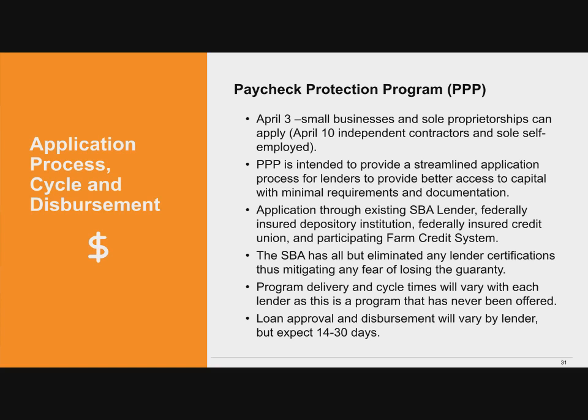So the delivery and the cycle is dependent still on what we're going to know or learn in the next day or so. It is streamlined, so we're not going to have 2.5 inches of documentation that's required on the 7(a) standard program. So it's a minimal amount. All right? And again, the focus here is on borrower certification.